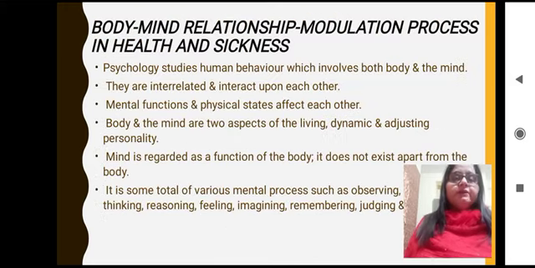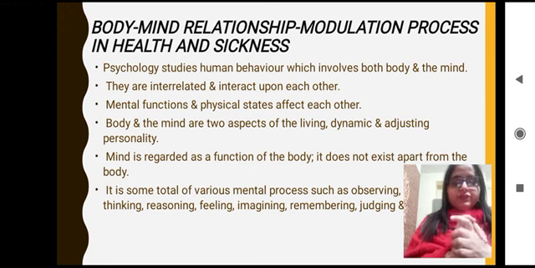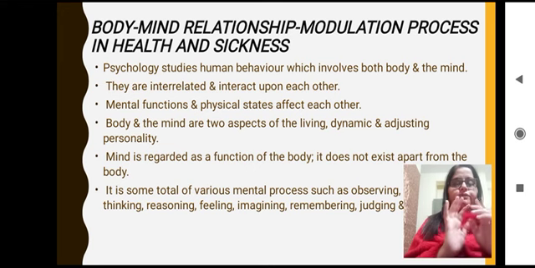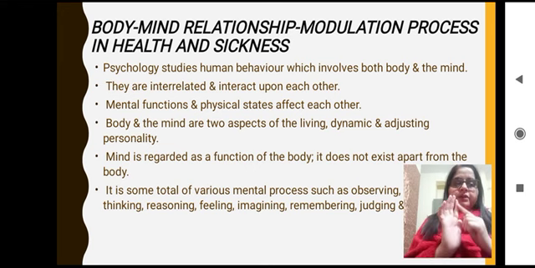So overall, let me just conclude this topic. In this body mind relationship topic, first of all, we covered the meaning of body and the different functions of the body, mind and its functions. Then we talked about the correlation between body and mind.